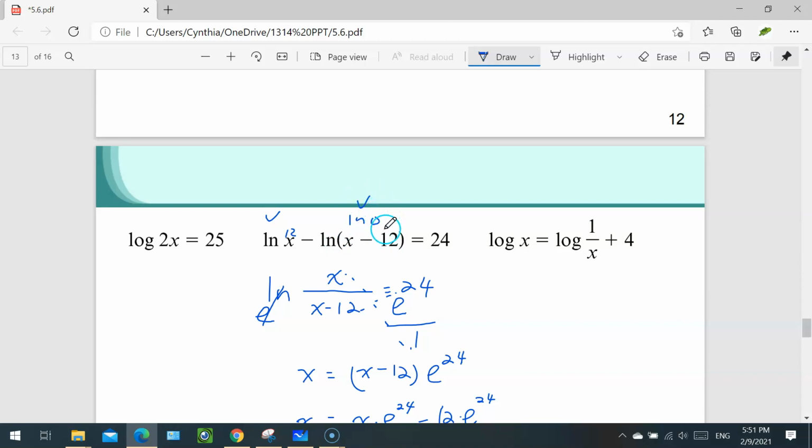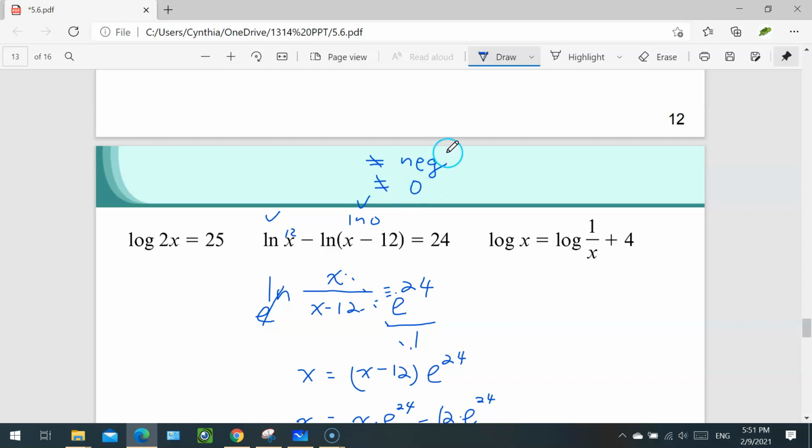From the last section, I told you all, when you plug the variable back into the equation and you get a negative value, we have to discard the solution. And when you get a 0, we have to discard the solution as well. So we don't want a negative number, and we don't want a 0.